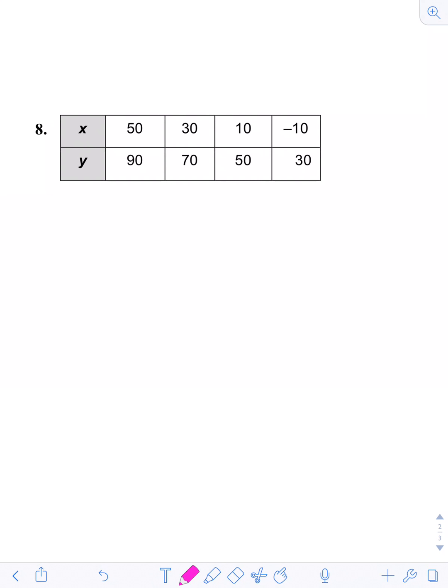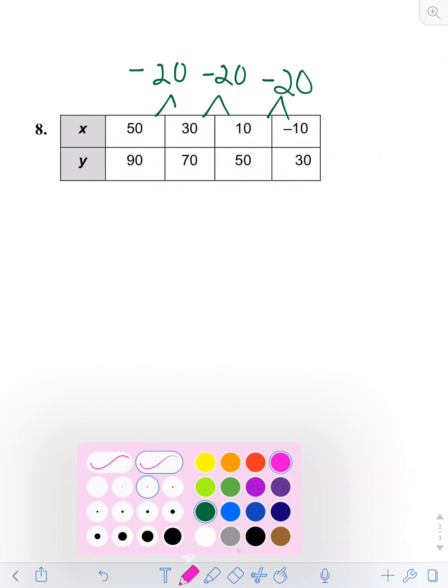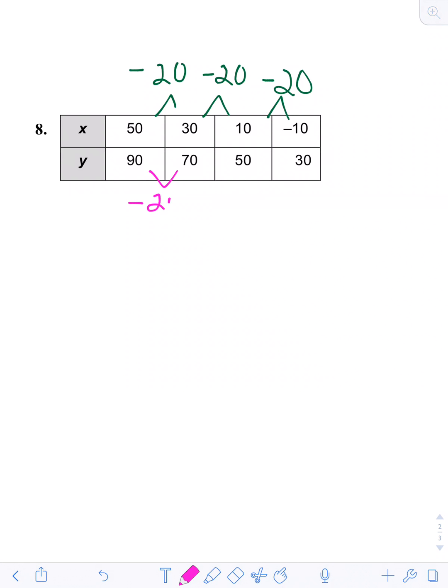So last one, let's see what's happening here. For my x values, subtracting 20, subtracting 20, subtracting 20. And then for my y values, subtracting 20, subtracting 20, subtracting 20.